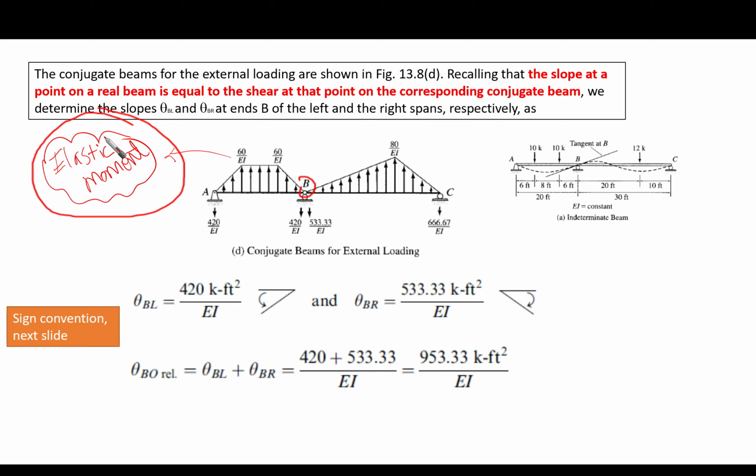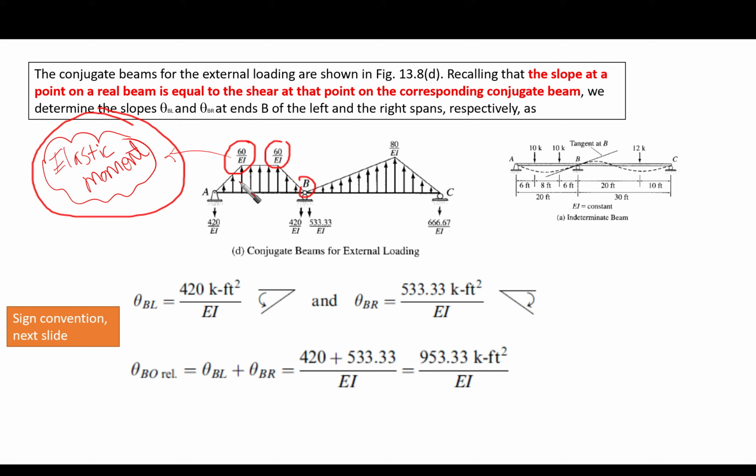So whenever we use the conjugate beam, we load the span with the elastic moment, which is the value of the real moment divided by the stiffness EI, and we put it on the span.